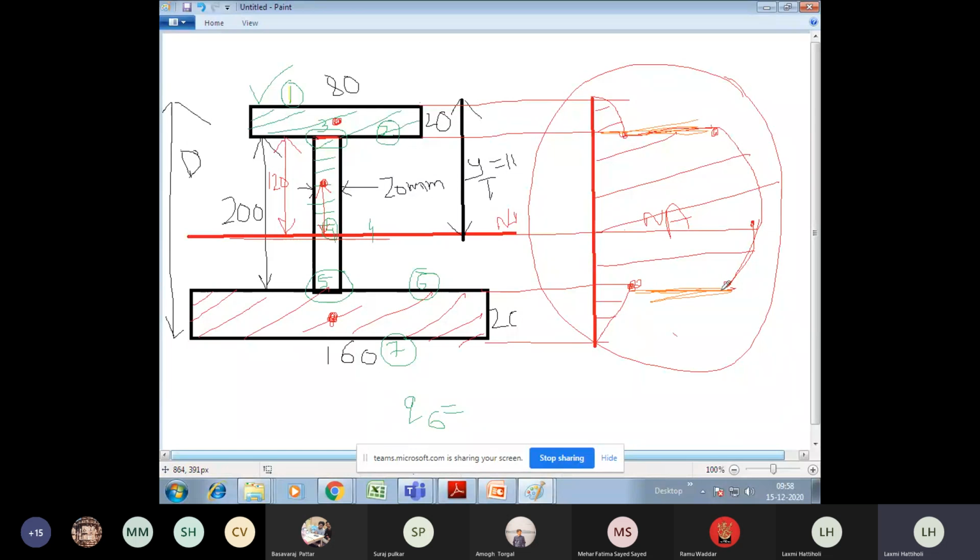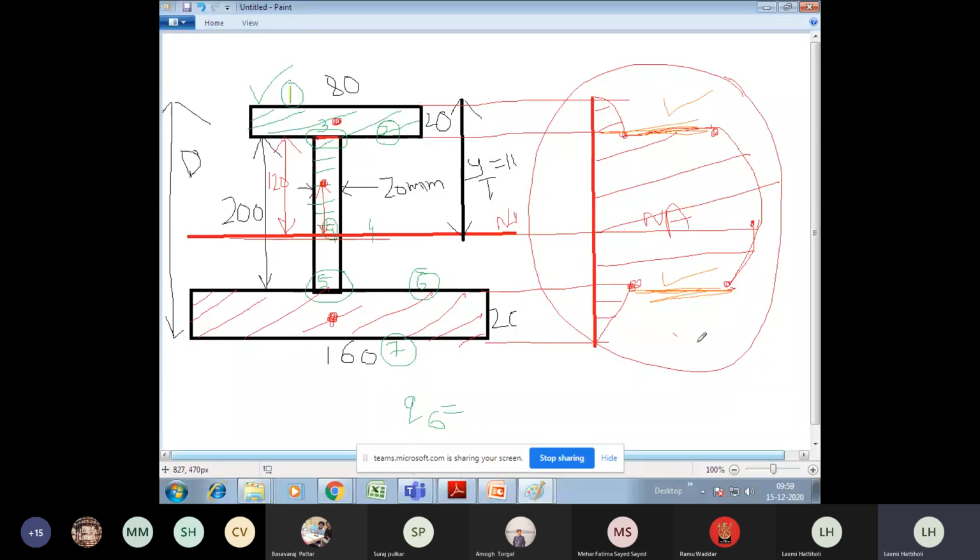The stress variation is the same and the diagram remains the same, because your section itself is symmetrical. Suppose it is unsymmetrical, then this distance and this distance are going to vary. Give a try and you'll understand the difference. The rest of the procedure and variation diagram is as usual, and for a symmetrical I section, you should know how to calculate the inertia. That is another point.